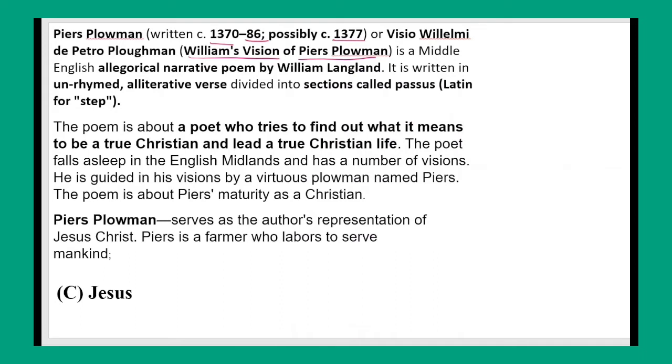It is a Middle English allegorical narrative poem by William Langland. It tells us how a man should be and how he has to believe in God. It's an allegory which gives another kind of meaning, but it is satirically William Langland who explains what a corrupt society was at the contemporary time.